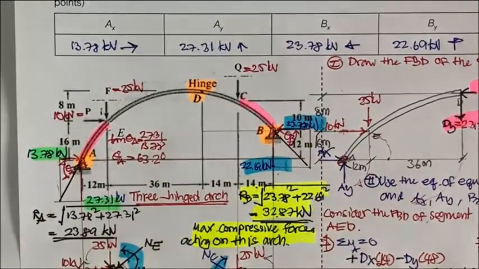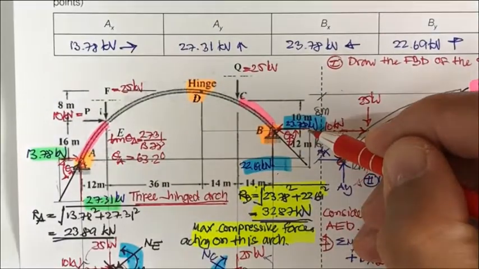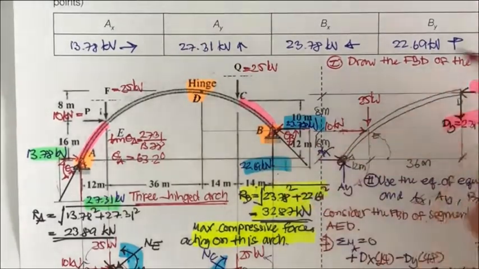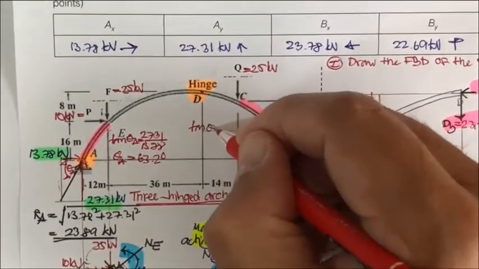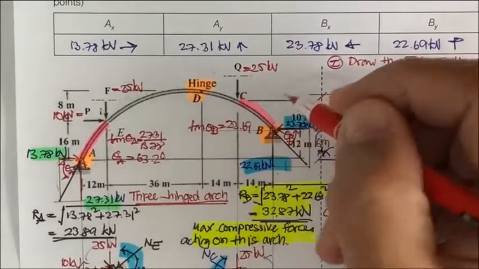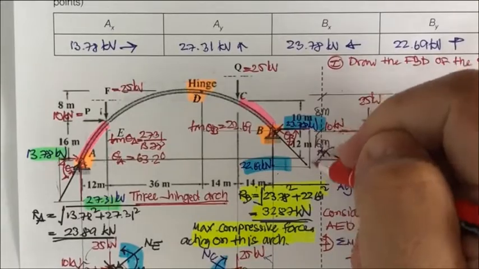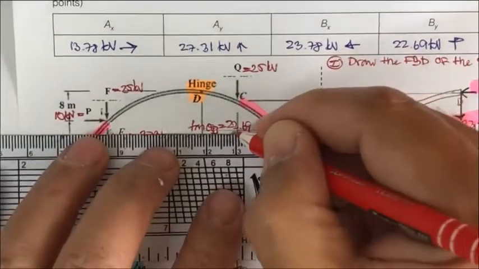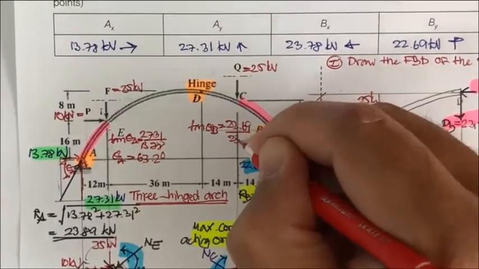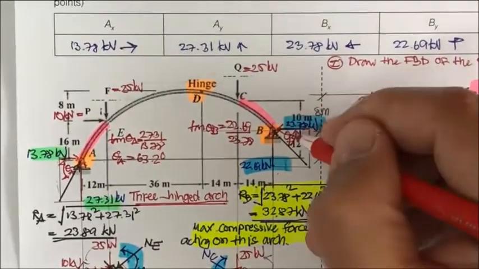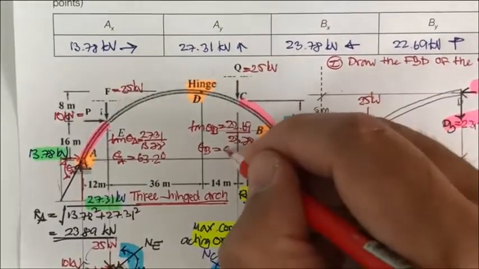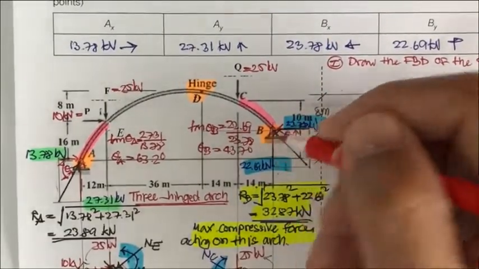And for this, do the same. The vertical is 22.69, so tan theta B equals 22.69, and this is the vertical, right? And divided by the horizontal of 23.78, and then you get the angle theta B equal to 43.7 degrees.